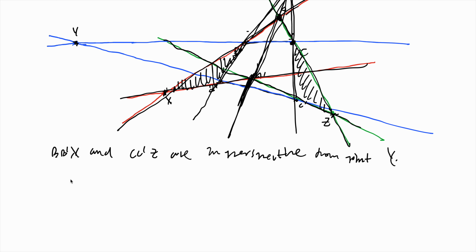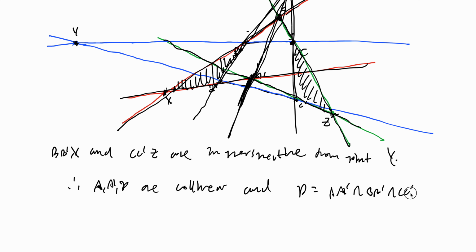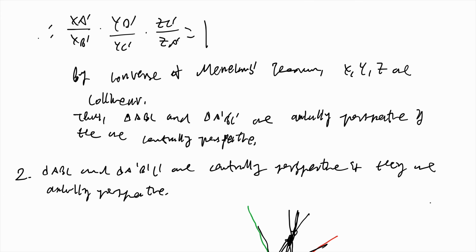Therefore, A prime and P are collinear, and P equals the intersection of A prime, B prime, and C prime. And we proved our Desargues theorem.